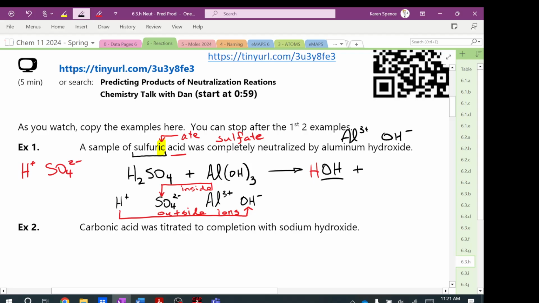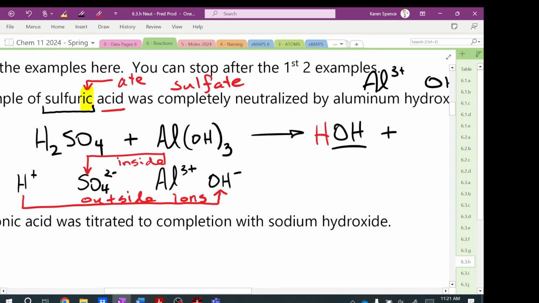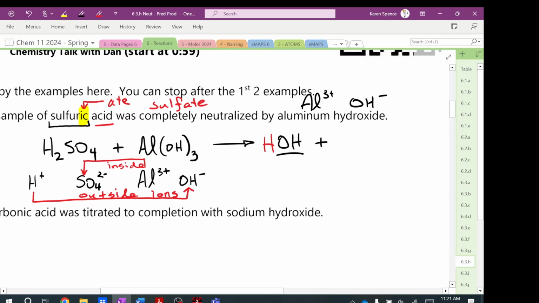Plus inside ions. What do I get when I put Al3+ together with SO4 2-? Al2(SO4)3. Okay? And now to balance it, you can make your little chart just like you would for other things. You could have your H, your OH, your Al, and your SO4.